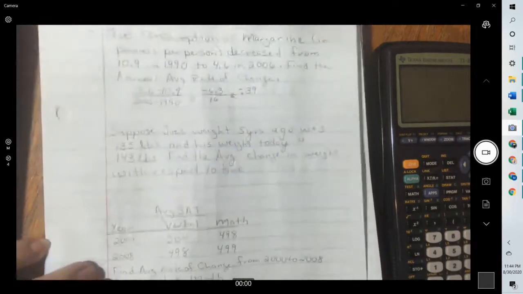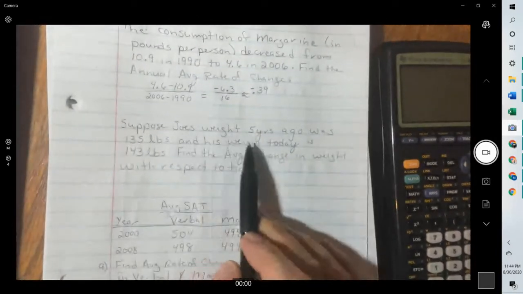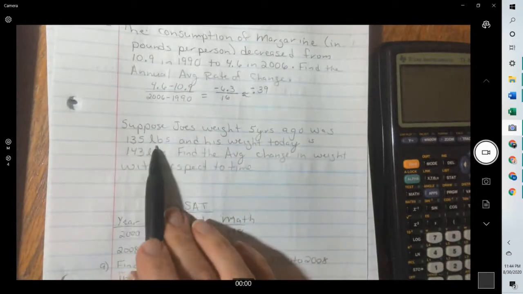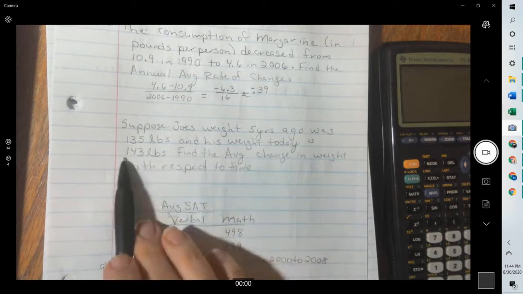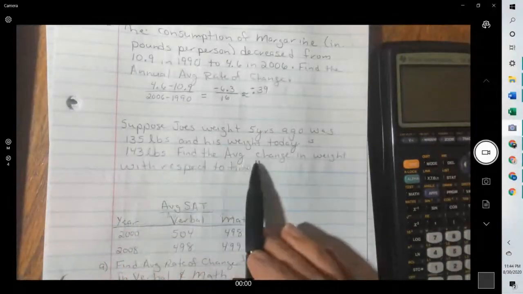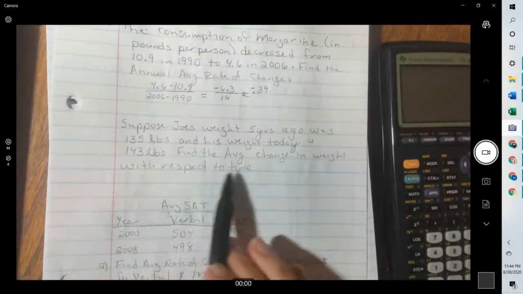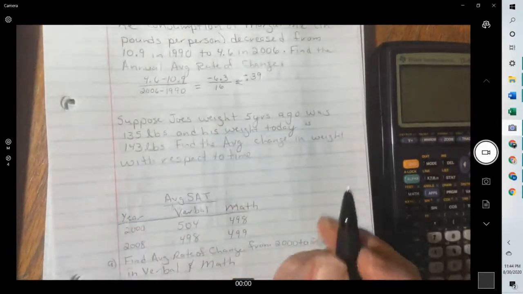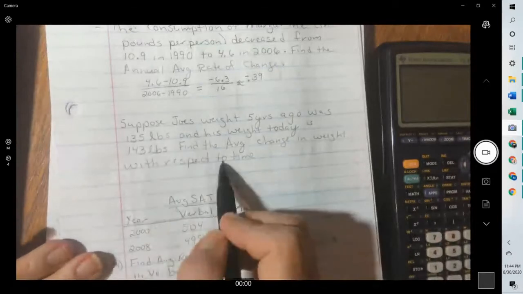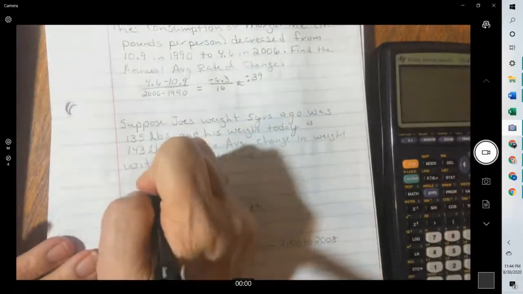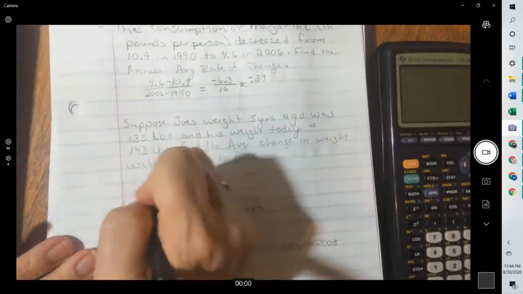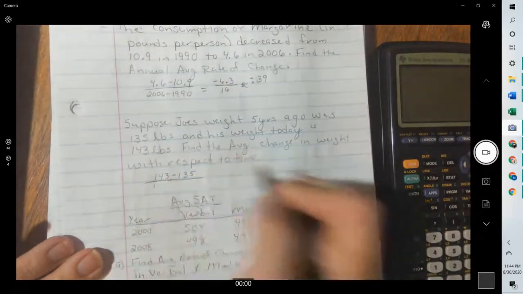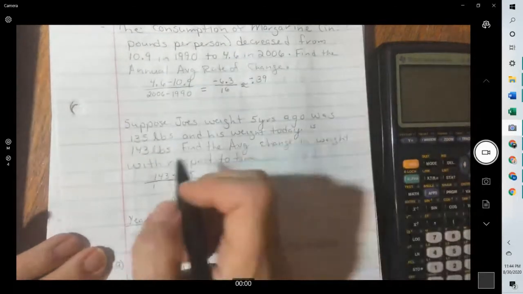Let's try another one. Suppose Joe's weight 5 years ago was 135 pounds and his weight today is 143 pounds. Find the average change in weight with respect to time. So we'd subtract our weight, because weight with respect to time means the weight's on top. 143 minus 135 over 5 years ago.